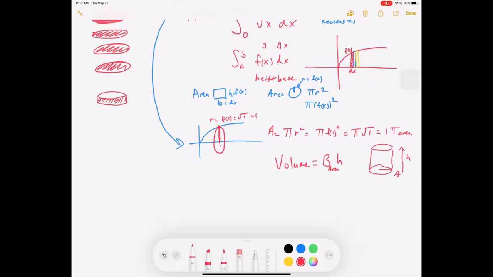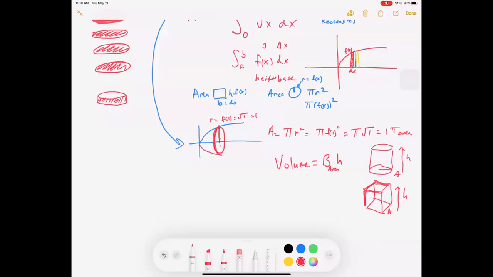What if this was a rectangular prism? We find the area of the base. We multiply that by the height. So to find the volume here, what type of thickness do we have?